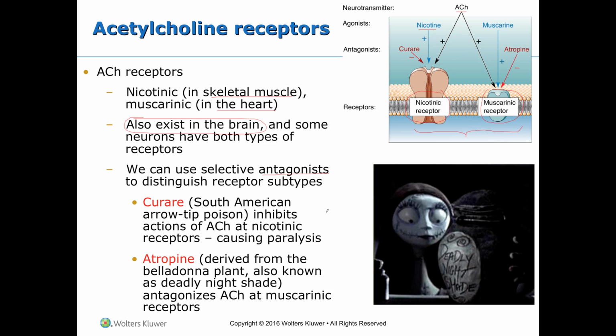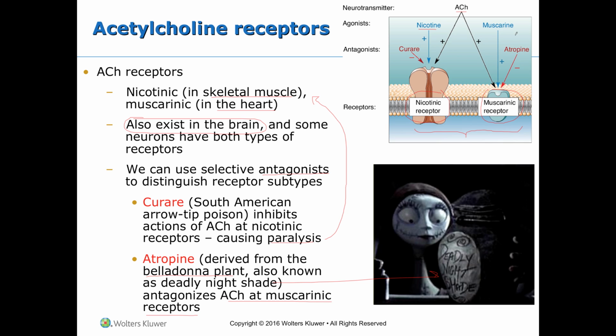So curare, from South American arrowtip poisons, can inhibit actions of acetylcholine at nicotinic receptors. This causes paralysis due to the fact that these nicotinic acetylcholine receptors are found in skeletal muscles. Atropine, which is derived from the belladonna plant, also known as deadly nightshade, antagonizes acetylcholine specifically at muscarinic receptors.